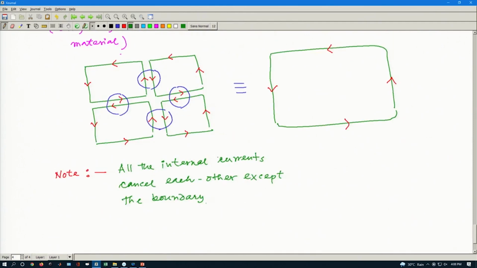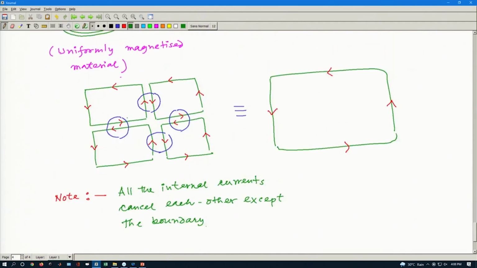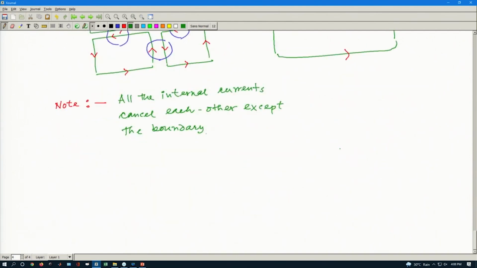So, as the figure shows, all the internal current marked by these blue circles, they are cancelling each other, but the boundaries are still there. So, we have the boundary current here.